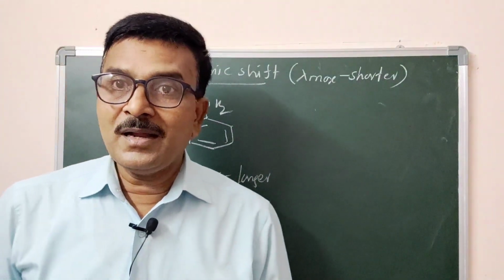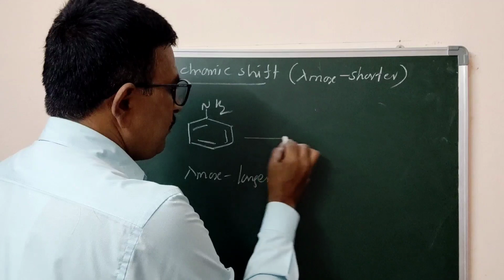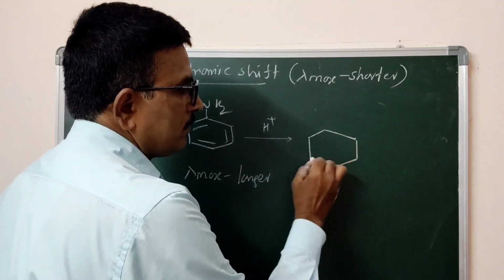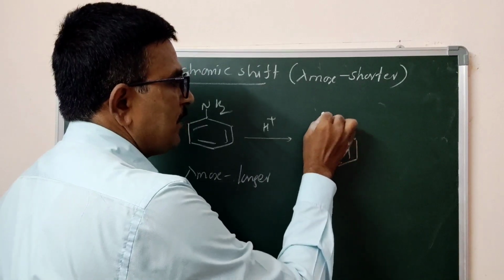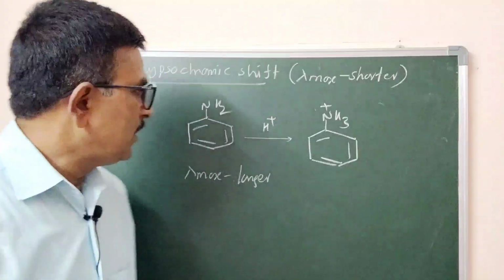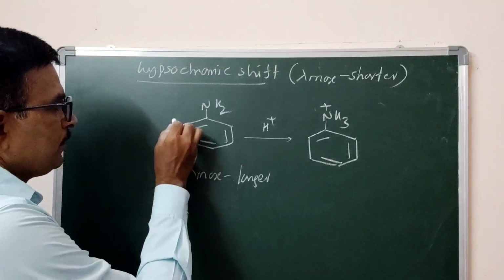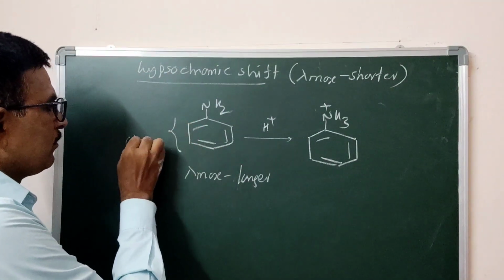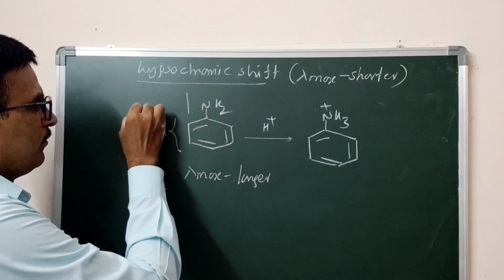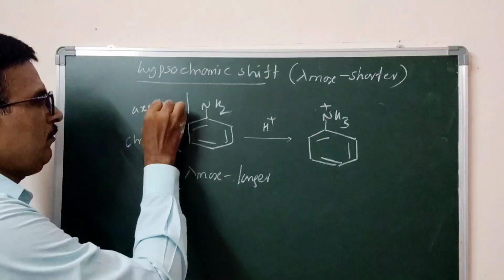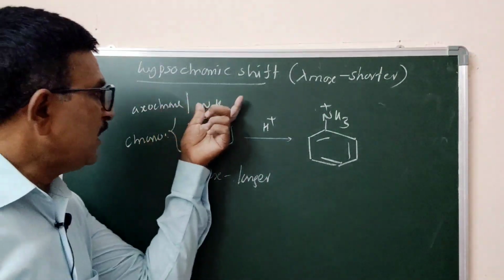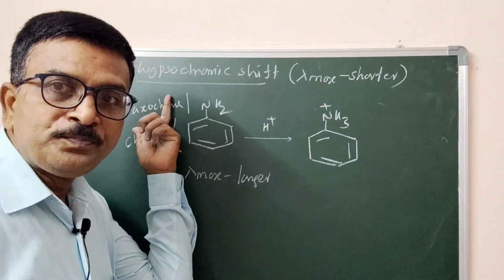Aniline absorbs longer wavelength. When we protonate this, when we add a proton, you can see what happens. NH3 plus, it becomes NH3 plus. Here in this case, this is the chromophore, this is the auxochrome. The benzene ring is a chromophore, the NH2 group is an auxochrome.